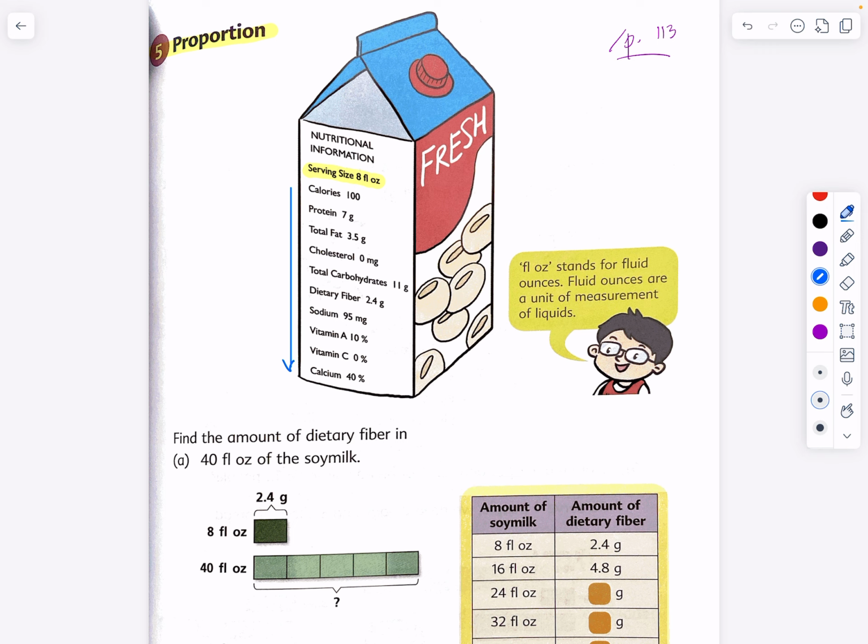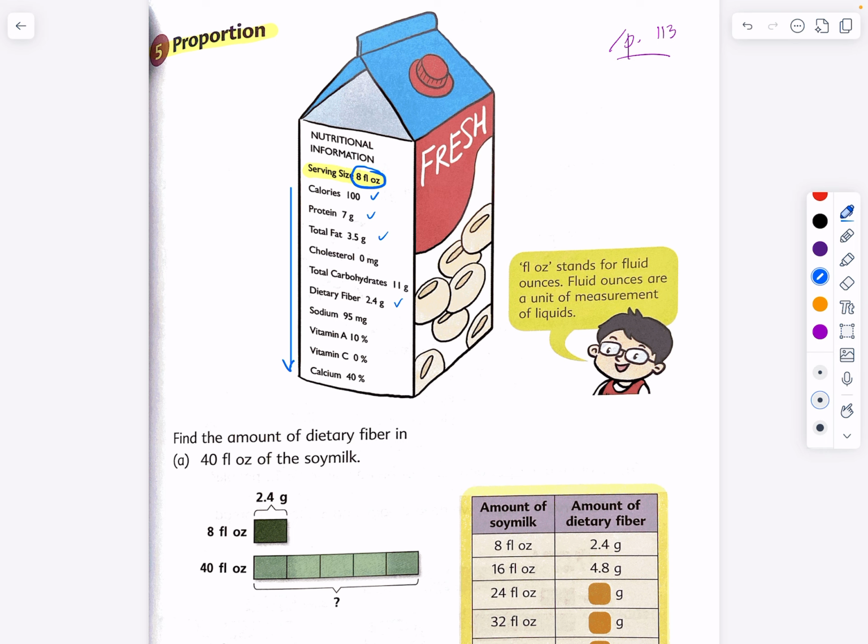For example, this is soy milk, and the serving suggestion is 8 fluid ounces, which means just a cup. We have 100 calories in a cup, 7 grams of protein, 3.5 grams of fat, fiber is 2.4 grams, and so on. So let's take a look at the problems that are associated with rates, which we just covered, moving into proportions.